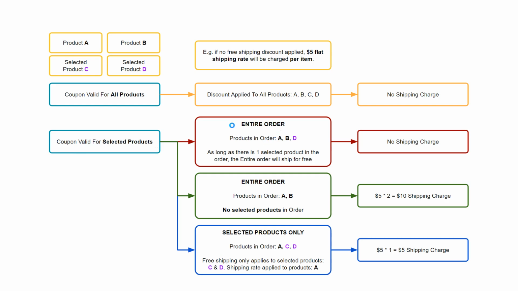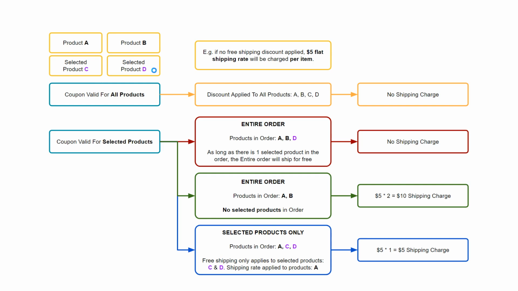Now if you choose the entire order, and any of these 2 selected products, C or D, is in the order with other products that have not been selected, there will be no shipping charge, just as long as any one of these selected products is in the order.